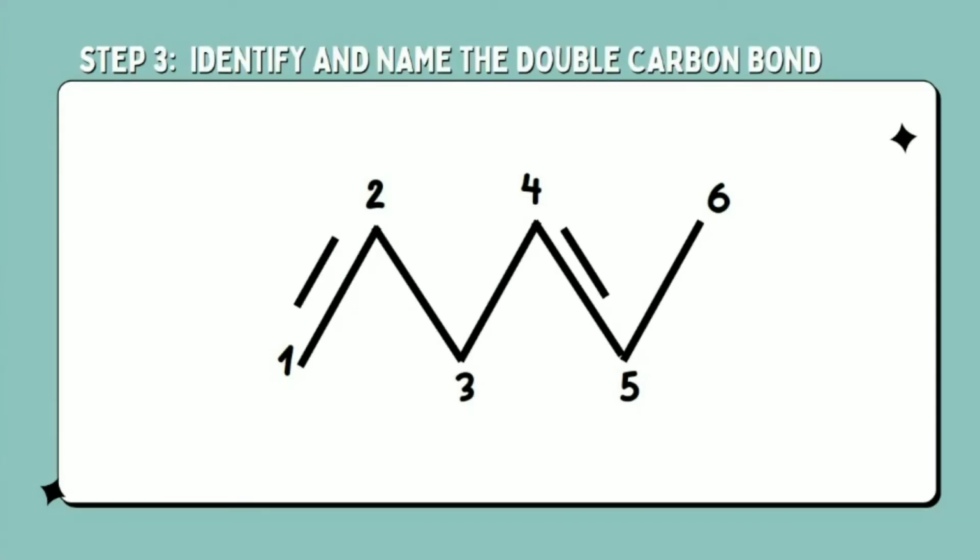Step 3. Identify and name the double carbon bond. And now we have to identify and name the double carbon bond. The double carbon bond is found at carbons number 1 and number 4.